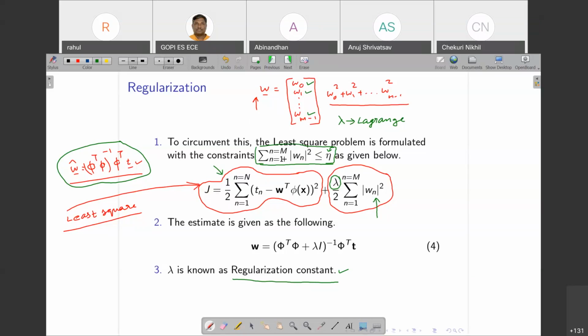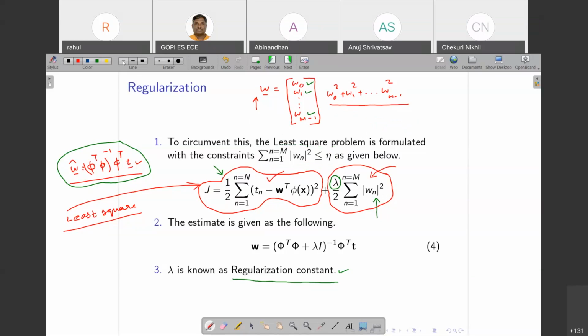But as far as today's class is concerned, you need not worry about this point. You just think that we have two objective functions: this is the regular objective function, and this is another objective function, a constraint that we are imposing now on this w.